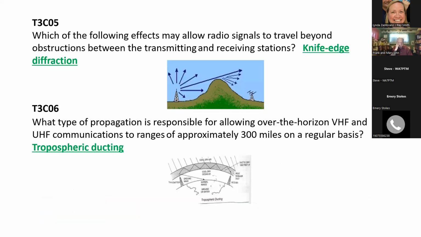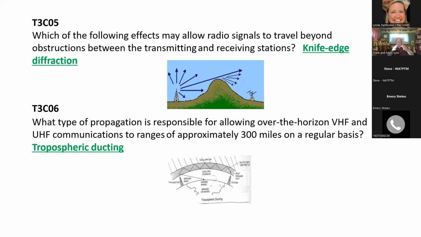Okay, which of the following effects may allow radio signals to travel beyond obstructions between the transmitting and receiving stations? Remember how we started at the very beginning? We said radio waves can either bounce off objects or they can be refracted. Well, this is a case where you can have a type of diffraction, which is called knife edge diffraction.